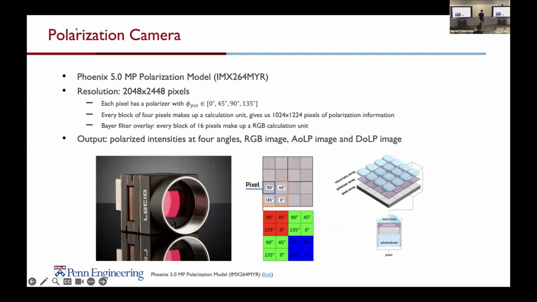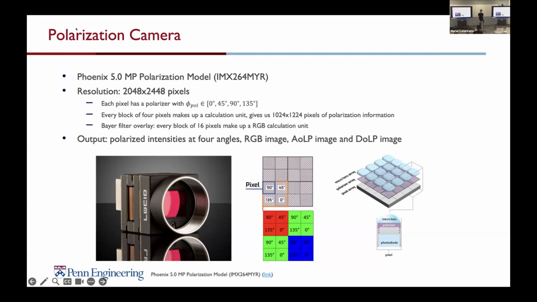With the brief introduction to light polarization, we can now take a look at the polarization camera. Our polarization camera is manufactured by Sony. It is called Phoenix IMX264, and it comes with 5 megapixels.